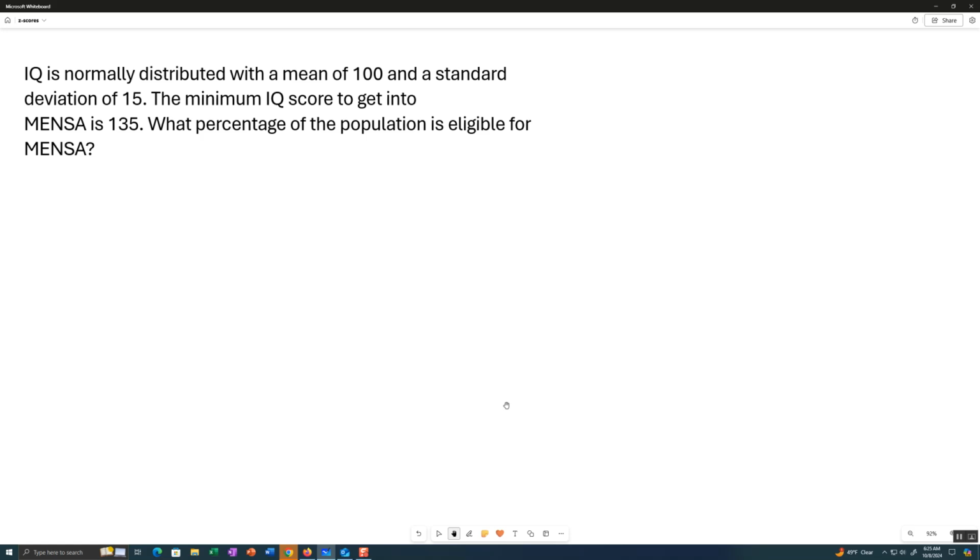I actually have to look up the exact Mensa value. It doesn't matter for this problem, but it's pretty high in the IQ range to be in Mensa. What that means, I don't really know, because as we talked about before, IQ is not really a valid measure. An IQ test is not really a valid measure of intelligence per se. It's just one of many things.